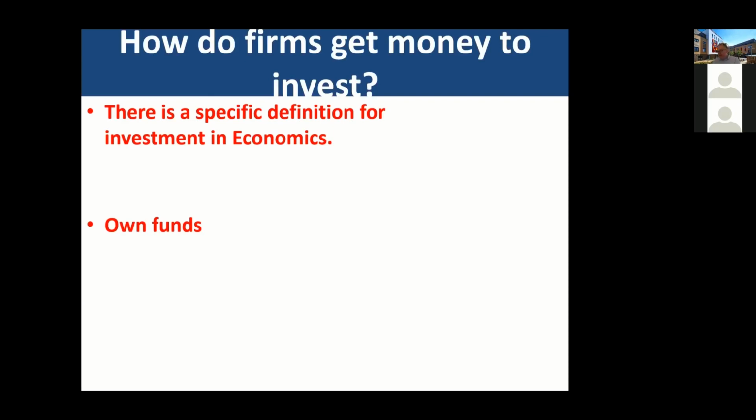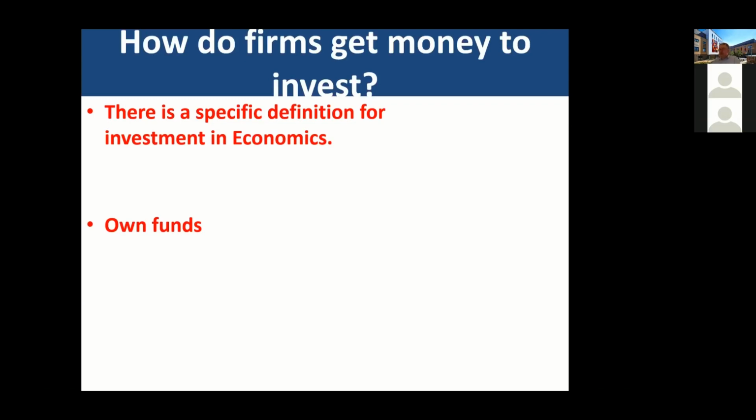When individuals buy shares or buy other financial assets, they are effectively saving. In business, when people invest, we typically mean they're buying and selling shares. But in economics, we have a specific meaning, which is when firms buy capital goods, and capital goods are just man-made aids to production.